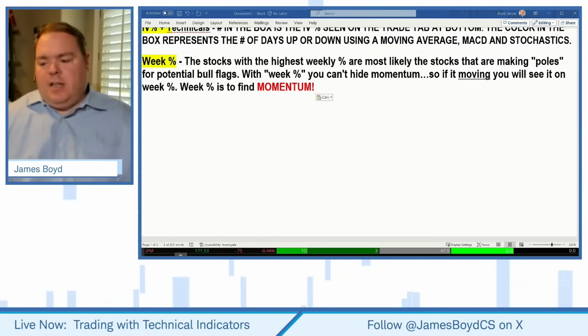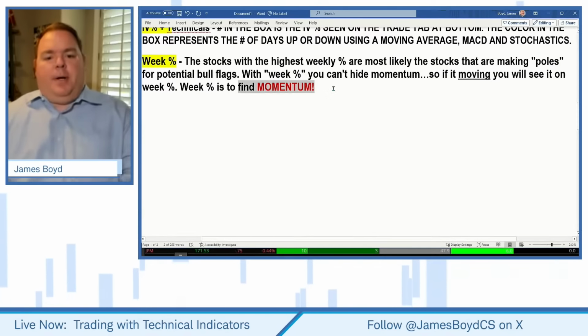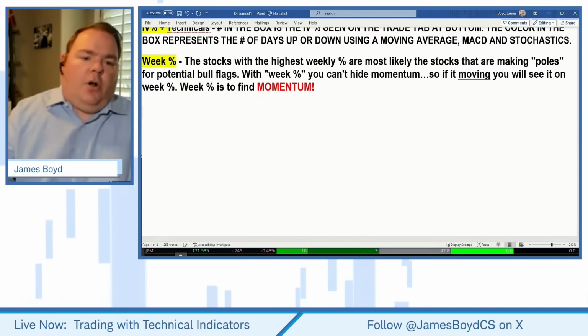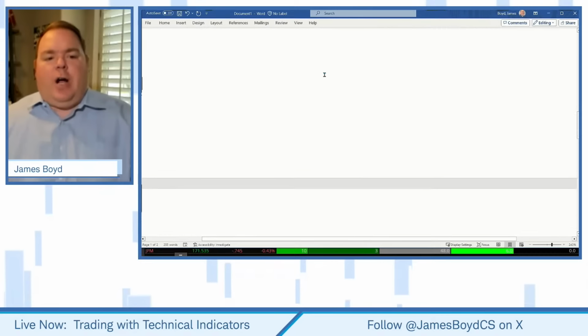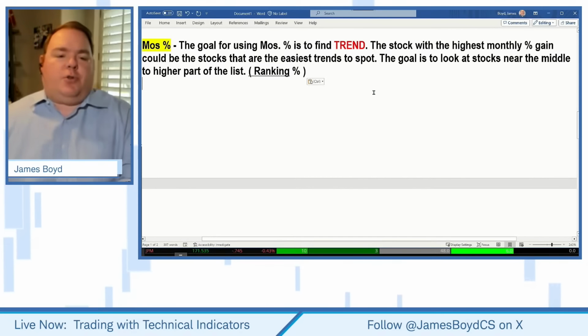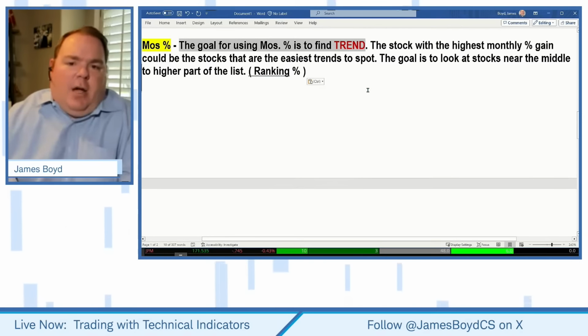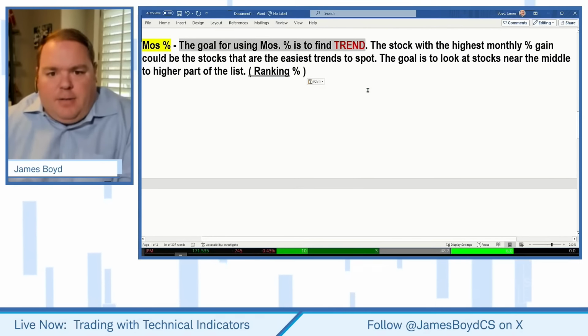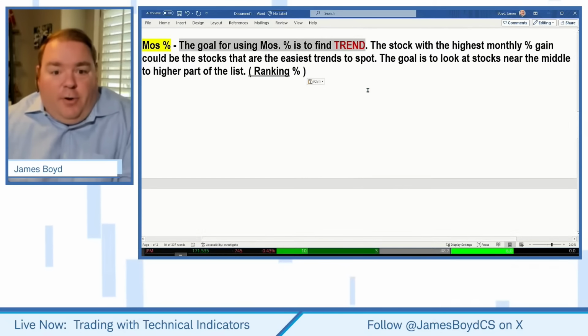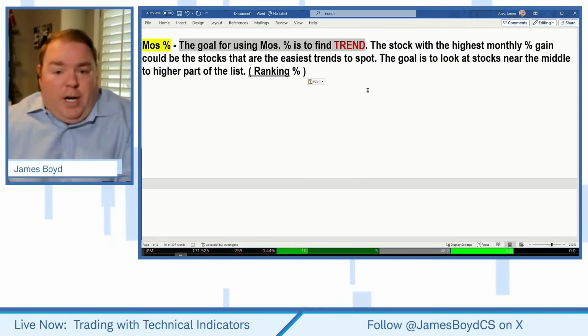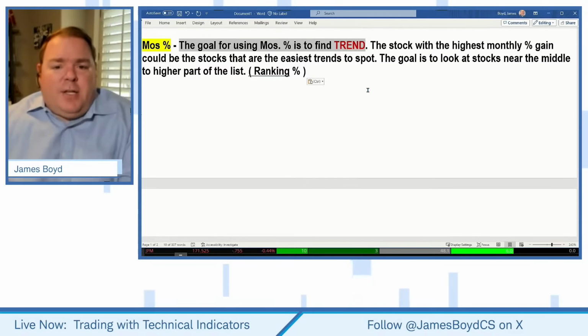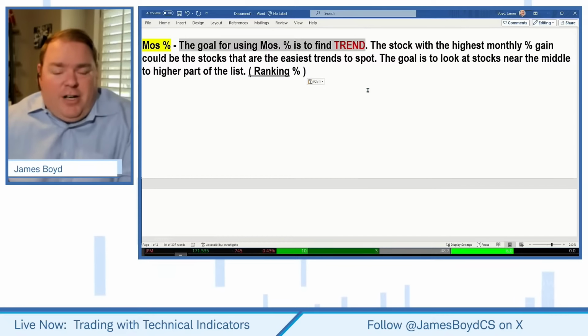Now, what's the purpose of the month return, okay? The whole purpose there is we're trying to find trend. So if we saw a stock that was up, let's say, 12% for the month, it tells us something about trend, okay? What if I said the stock for the month was at 0? It'd be a flat trend.